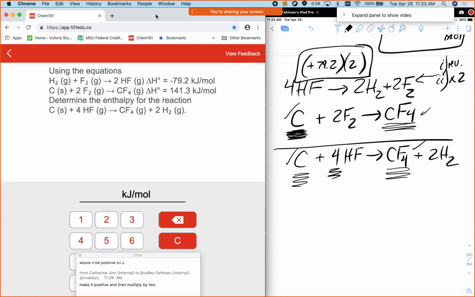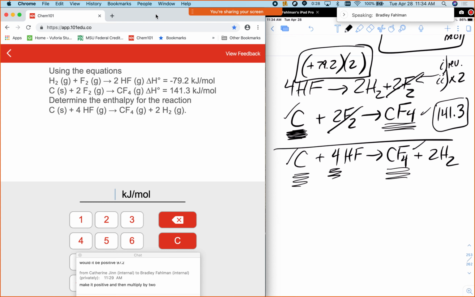So you probably don't have to do anything there. If you're just adding them up as they are, the fluorine goes away, right? So I think we have it. This stays the way it is, so that's plus 141.3.